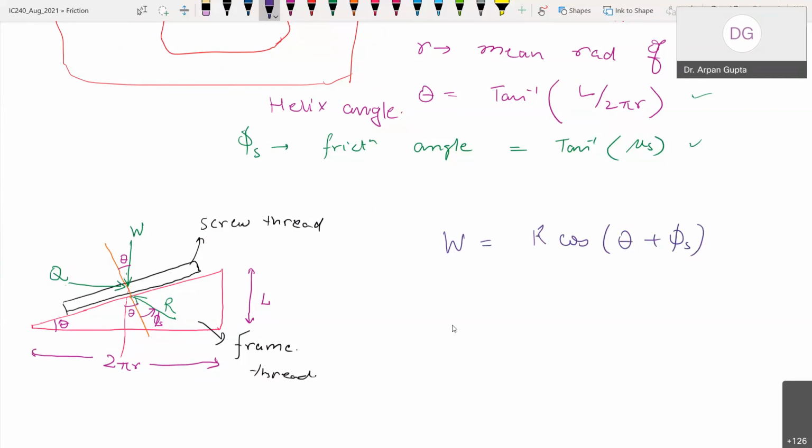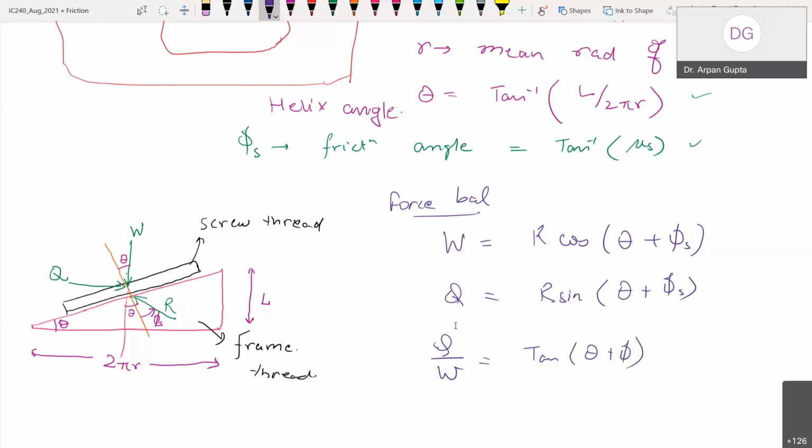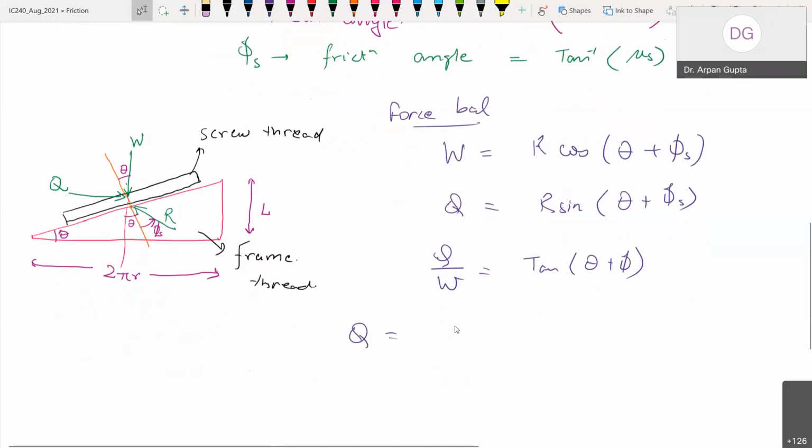And if I balance forces in the horizontal direction, I get Q is equal to R times sine of theta plus phi s. If I divide these two equations, we get Q by W is equal to tan of theta plus phi, and therefore Q is equal to W times tan of theta plus phi.